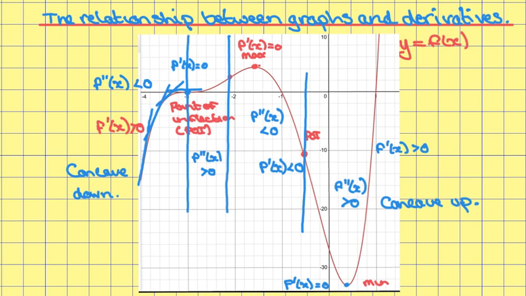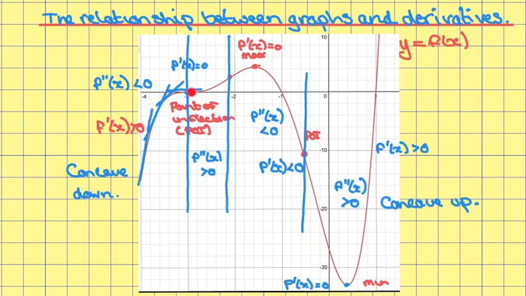And a point of inflection, like this point here, is where the concavity changes from, in this case, concave down to concave up. Here, this point of inflection, concave down to concave up.